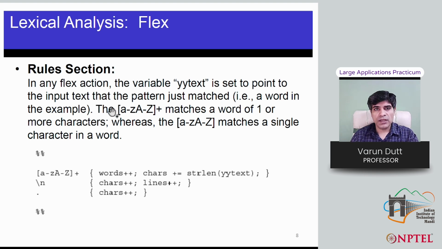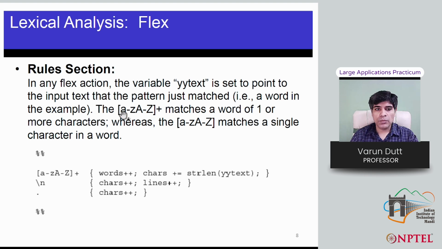So for example, if there is a word like Barun in the input, and flex just matched that word to the pattern, yytext will point to that input text Barun.